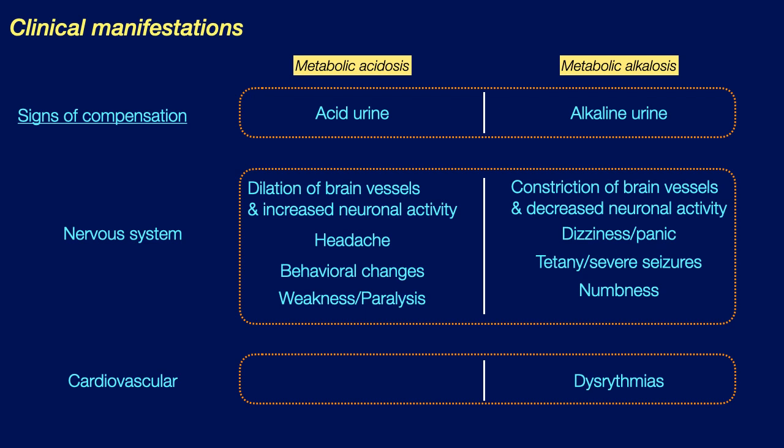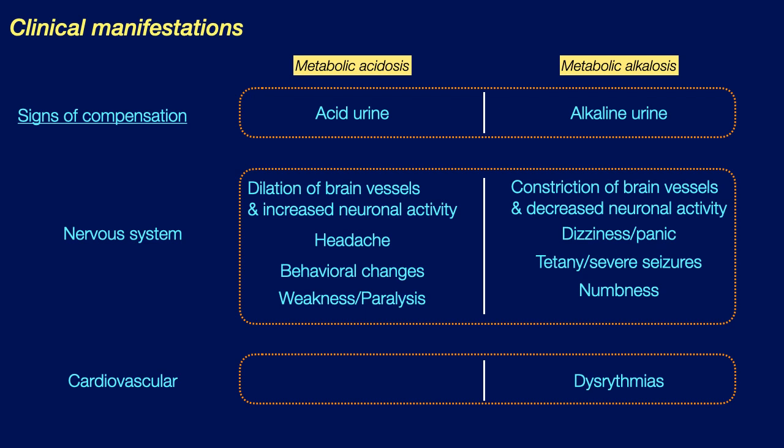And in the nervous system, you may have dilation of the brain vessels, and this is going to increase neural activity. So it will result in headaches, behavioral changes, weakness, and paralysis.